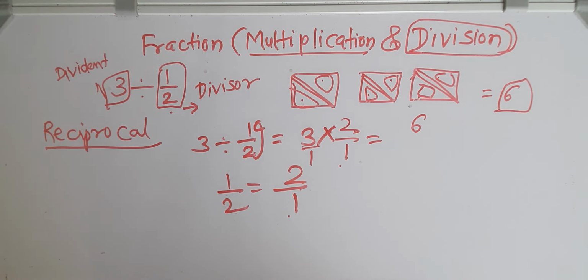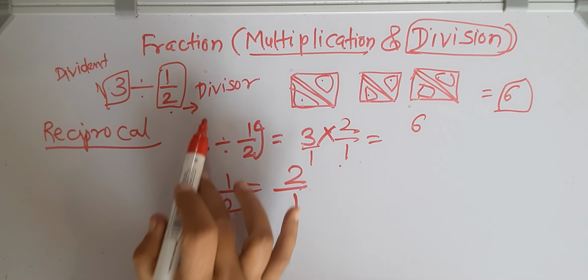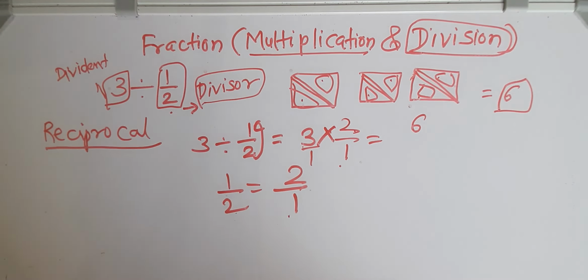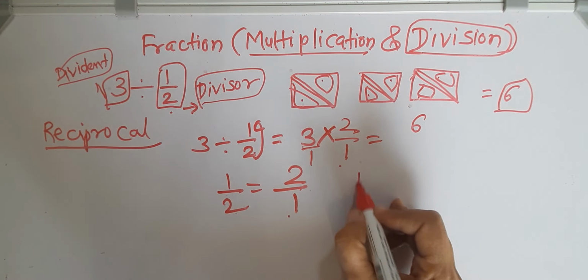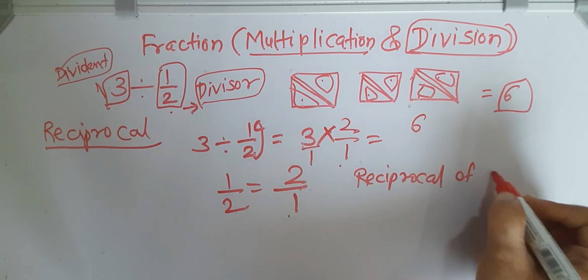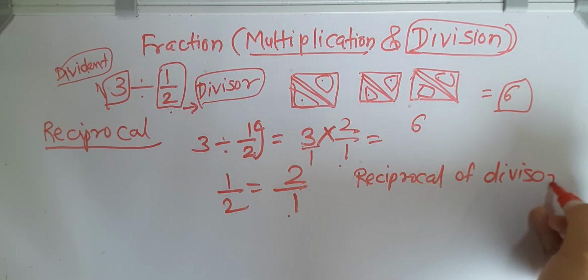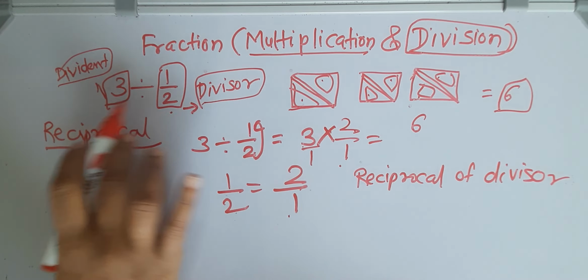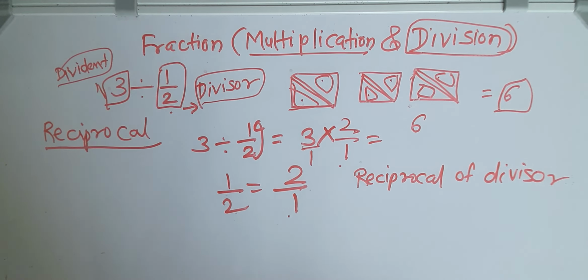Okay, so for division of fractions, we'll see fraction to fraction, whole number to fraction, and fraction with whole number. But what we have to do is find the reciprocal of the divisor and then multiply it with the dividend. The first step is to find the reciprocal of the divisor. And why are we doing this? As we understood, if we are dividing 3 by 1 by 2, that means we are dividing each of the 3, that is 1, 2, 3, by 1 by 2, and that will give us the value 6.